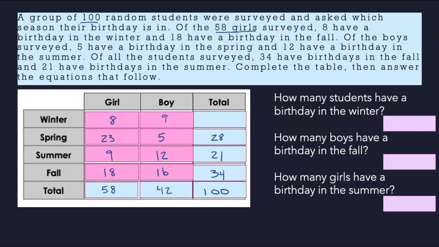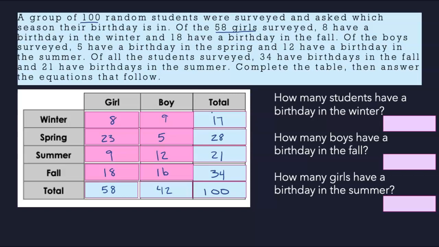Well, now that I know that there's 8 girls and 9 boys with birthdays in the winter, I can add them up and I would have 17. Now, because I went through and worked each one of these, I would go back with my calculator at this point and double check to make sure that I have all of my totals adding up. So I'd add the 17, the 28, the 21, and the 34 in the column, and I would say, yes, I have 100, just to make sure.